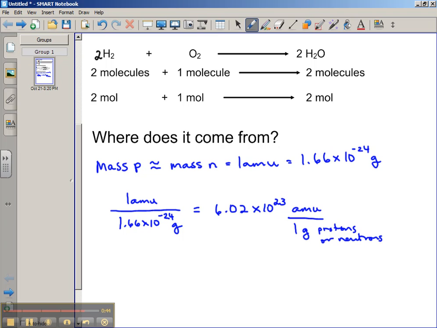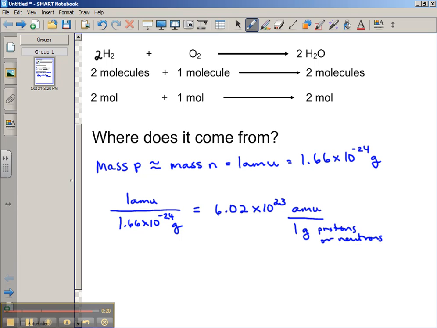So basically, that allows me to say that however many grams I have on the periodic table in atomic mass, I can convert to number of atoms. So 1 gram of protons, which is 1 gram of hydrogen atoms, basically, if they have 1 electron each, will have 6.02 times 10 to the 23rd atoms of it.